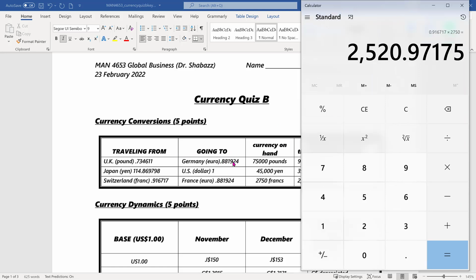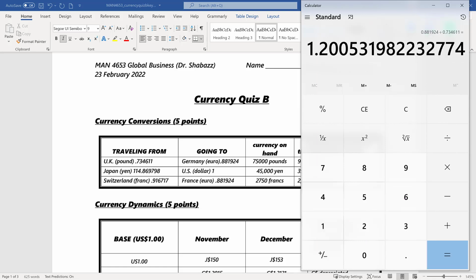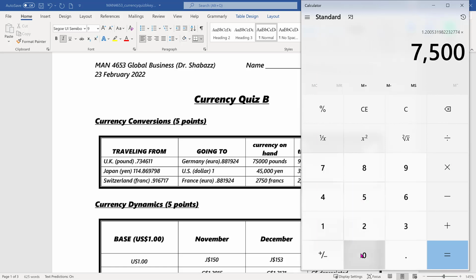So this is the dollar equivalent, 0.881924 divided by 0.734611 equals 1.20053, etc. If you know how much £1 is equal to in euro, you know how much 75,000 are equal to. It is just a multiple times 75,000.